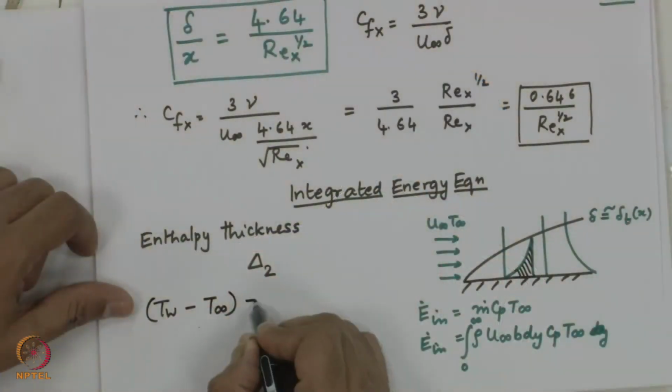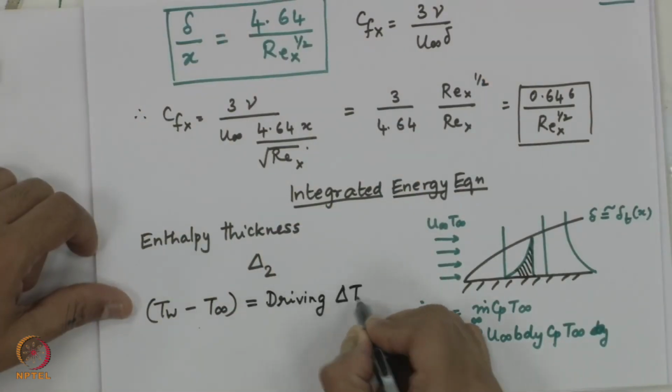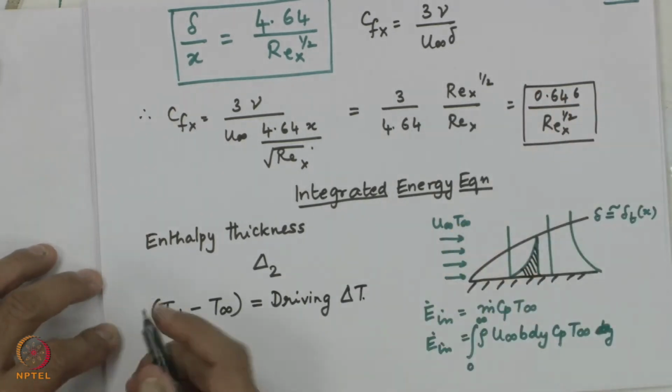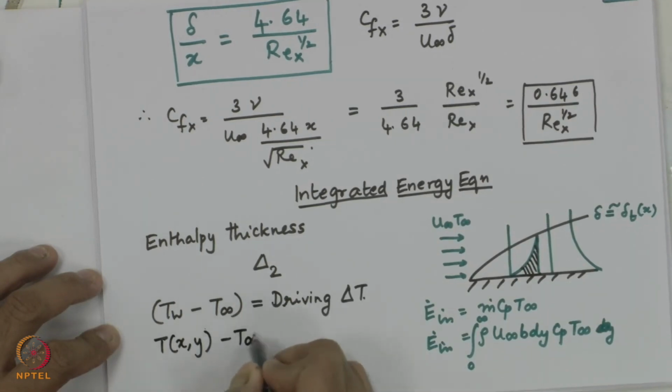Now, the same logic is used for energy content and the heat transfer associated. Okay. What is the maximum heat transfer that is possible? The maximum heat transfer that is possible is when Tw minus T infinity is the driving temperature difference. What is your driving temperature difference at every location?